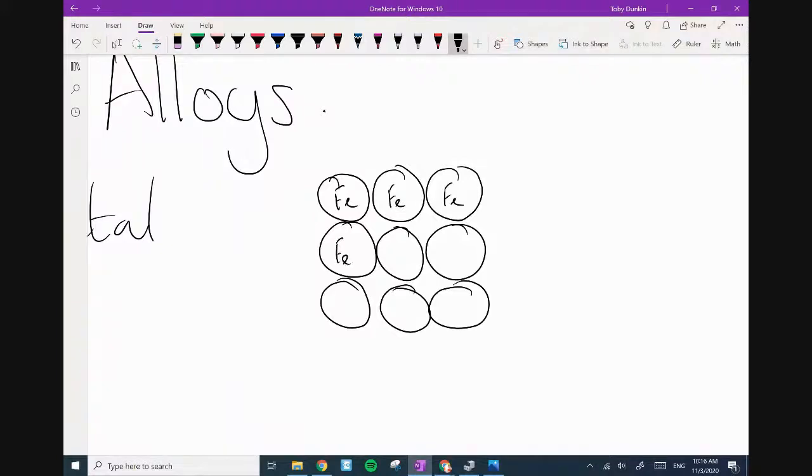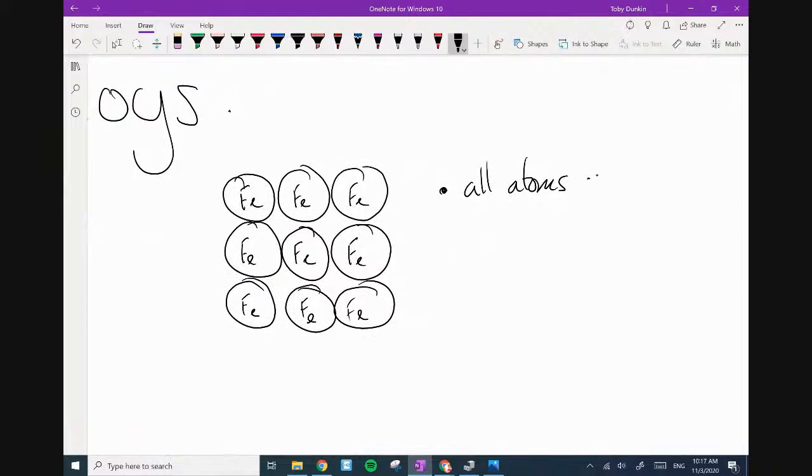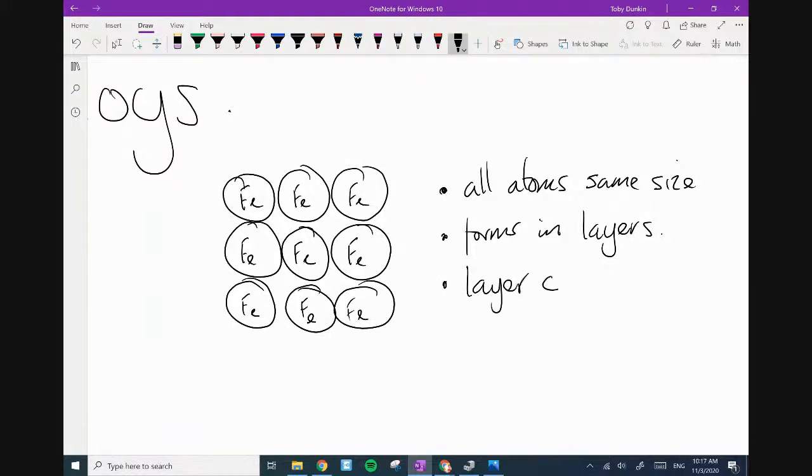This is pure iron. The atoms are all the same size, and they form in layers. Bullet point number 1, all atoms same size. Forms in layers, and those layers can slide.